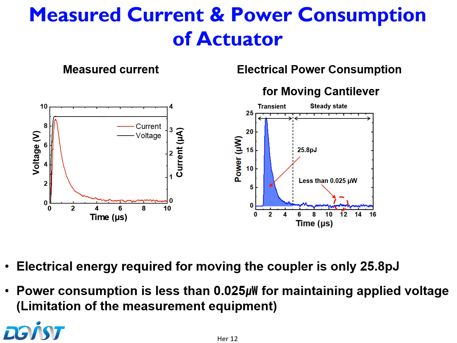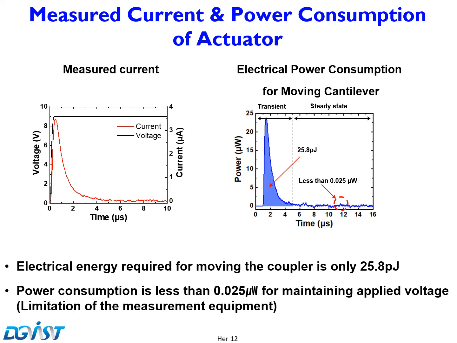The left graph in this slide shows the measured current response of the electrostatic MEMS actuator in response to the applied step voltage. The right graph shows the power consumption of the MEMS actuators. This graph is obtained by multiplying the voltage and current in the left graph. The graph indicates that the steady state power consumption is less than 25 nanowatts.